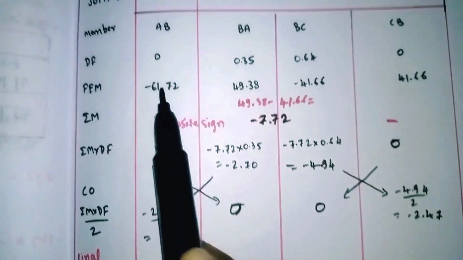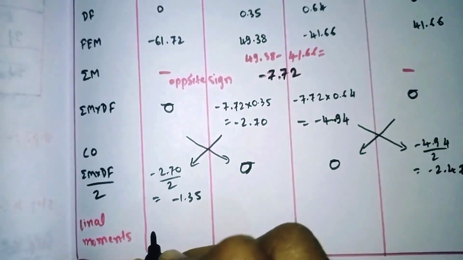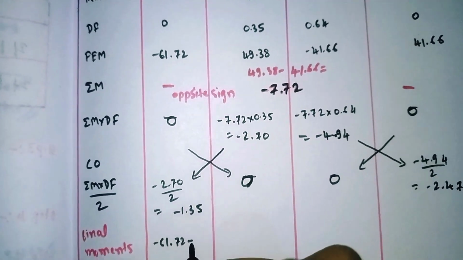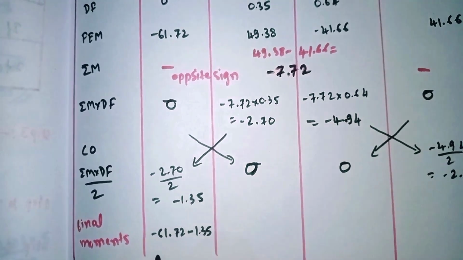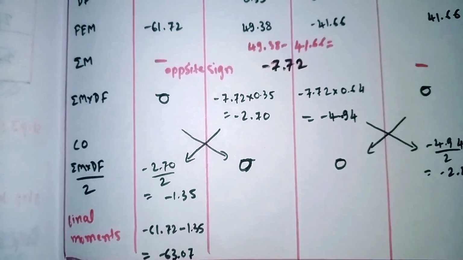So now for AB we have the value minus 61.72. Here also minus is there, so minus 1.35. It will come out as minus 63.07.